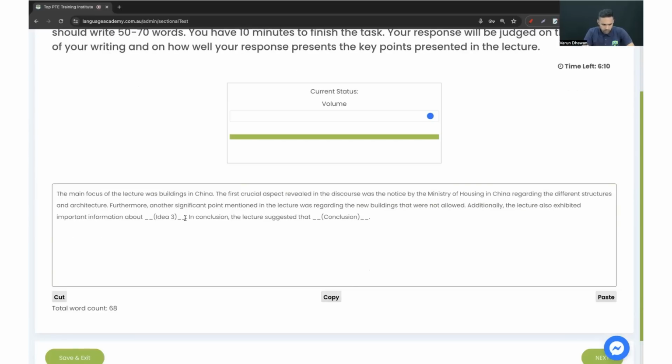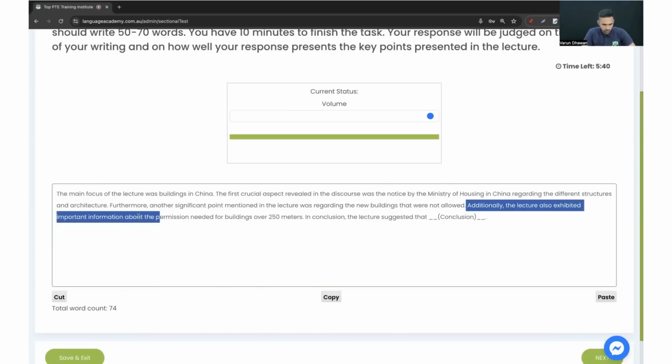Additionally, the lecture also exhibited important information about the permission needed for buildings over 250 meters. In conclusion, the lecture. Now, I'm going a bit more than the word limit, so I'll just take off this sentence, right? I won't write this one.